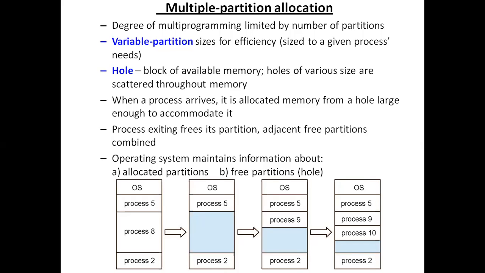Thus the degree of multi-programming is bound by the number of partitions. If I have 3 processes moved into the memory and I have 3 CPUs, then multi-programming is happening because 3 programs can be executed simultaneously. So the degree of multi-programming can be achieved in the case of multi-partition allocation.